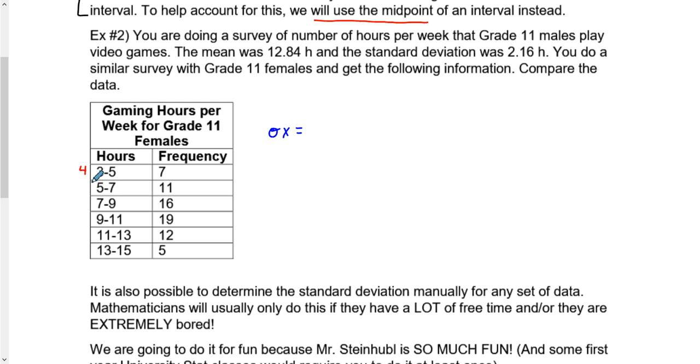So when we put it into our calculator, we are going to put 4 as our x1. The frequency is exactly what we have here. It's 7. So when we go down one more time, the midpoint between 5 and 7 is 6. So we're going to have 6, frequency of 11.